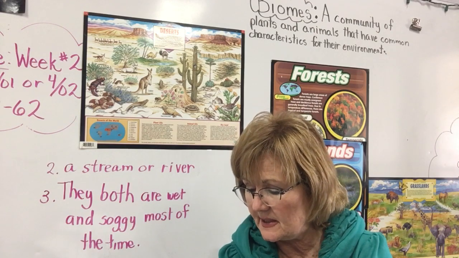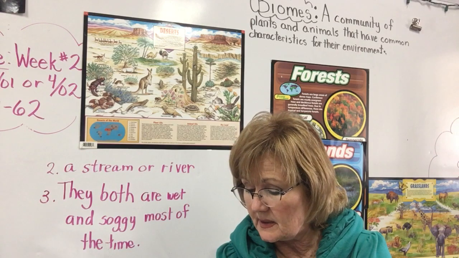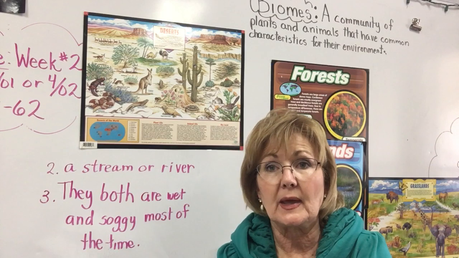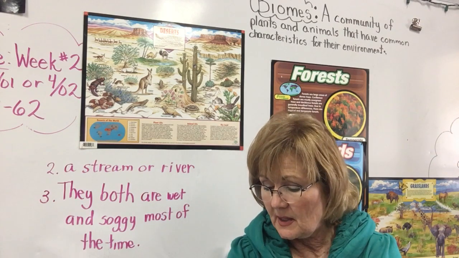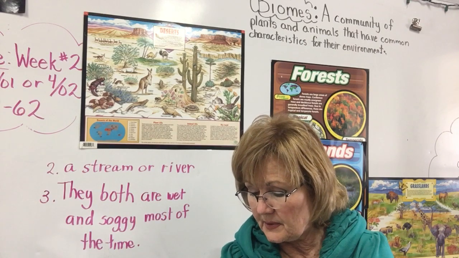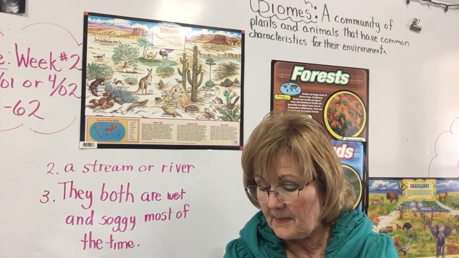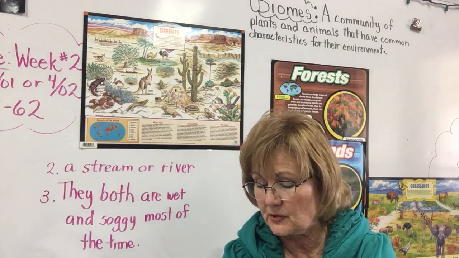Look at the animals that live in the Mojave Desert. Write the words from the word bank to identify each animal. Okay, I'll just go through this real quick before we run out of time. You can just write the number next to the animal and match it to the line down below, or match it to the word.